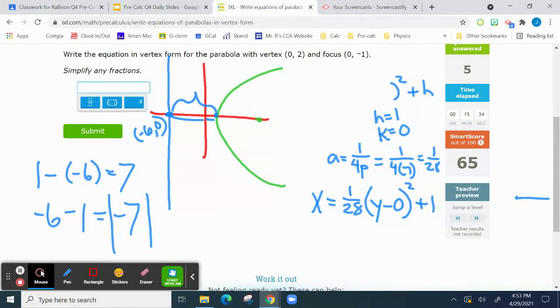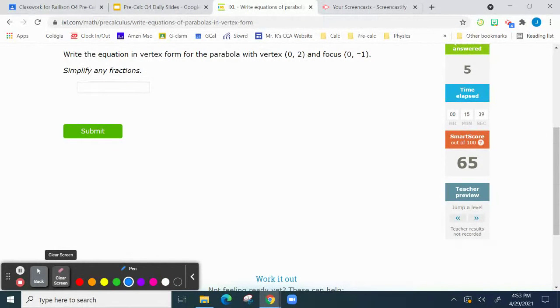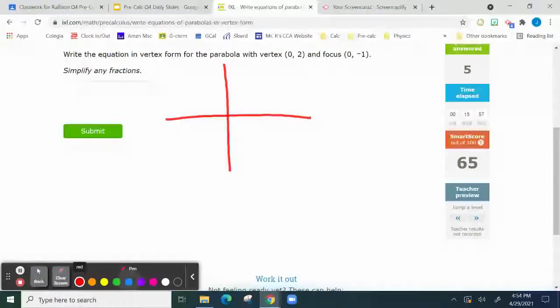All right. I know I keep saying I've got to get done, but I just want to give you a couple more examples because we're getting higher, and this is probably where things start to get a little dicey for some of you. A parabola with a vertex at (0, 2) and a focus at (0, -1). Remember, the focus and the directrix are the same distance in opposite directions from the vertex. So we sketch in a vertex at (0, 2).